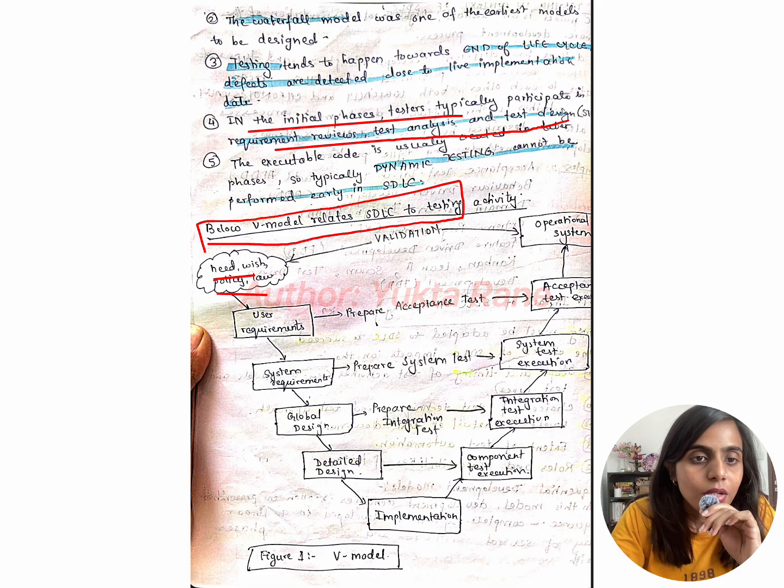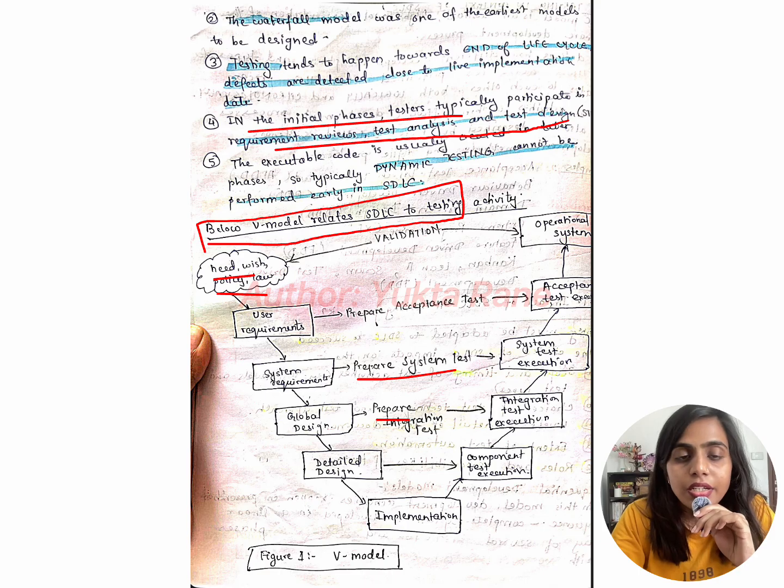Then after user requirements, we design system requirements. Accordingly, the system test is prepared and then executed. Then you have global design, where you prepare the integration test, and then the integration test is executed. Then you have detailed design. After detailed design you come to implementation. So in this V model you saw how development is built up until the very end, and it is only after the implementation that you can start the testing.